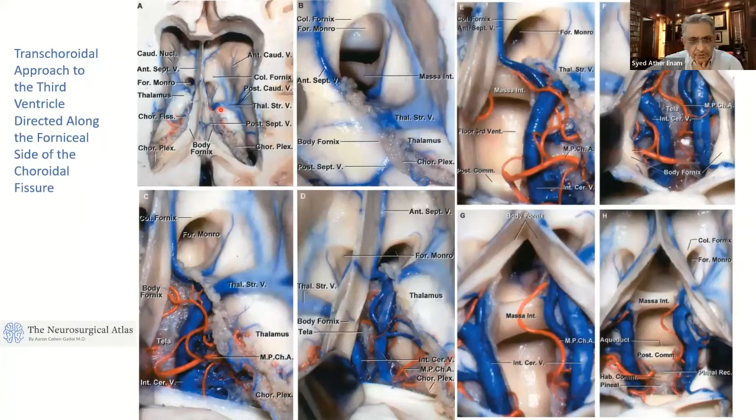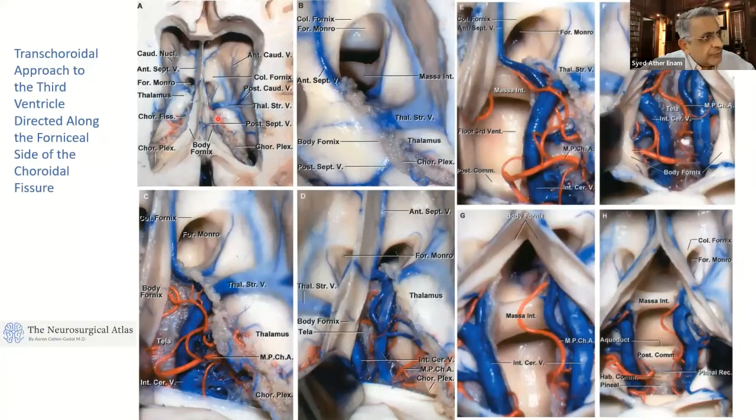You can see the thalamostriate vein and the caudate vein joining that, and you can see the choroid plexus over here. The choroid plexus will have some venous anatomy and some arterial vessels in there also, which you can distinguish easily.